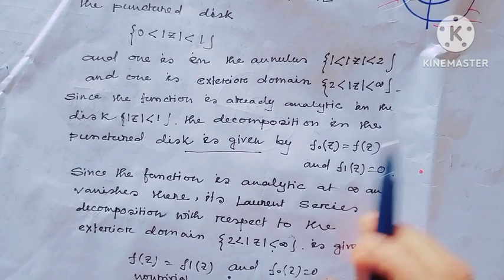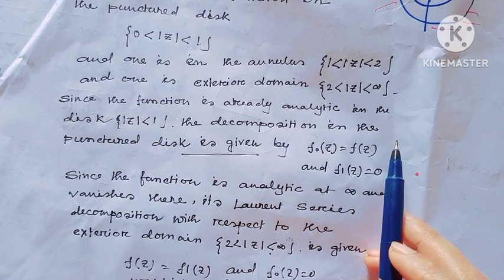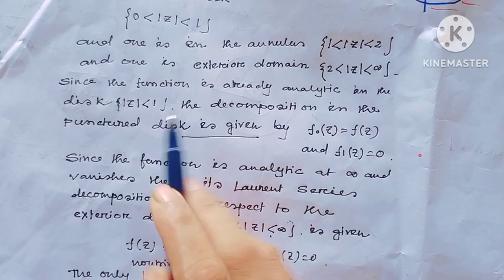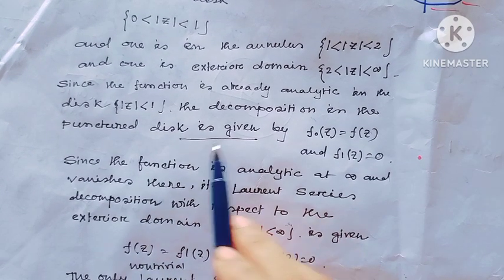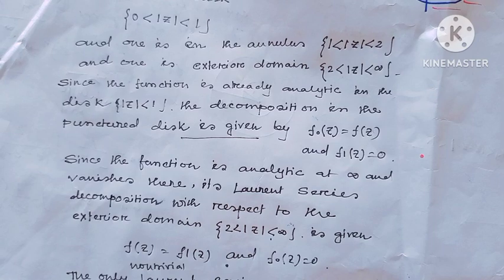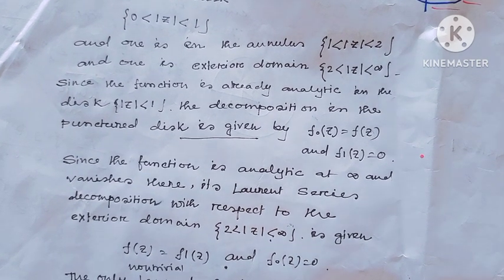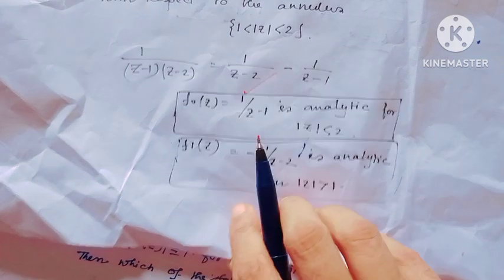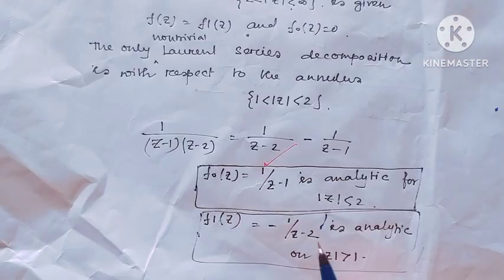Since the function is already analytic in modulus z less than 1, the decomposition in the punctured disk is given by f0(z) equal to f(z). This is the f0(z) and f1(z) is equal to 0. This is the f1(z).